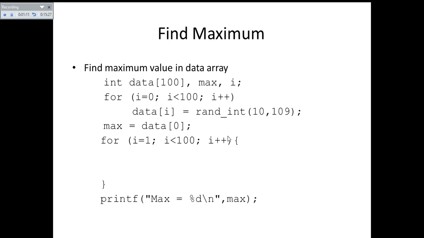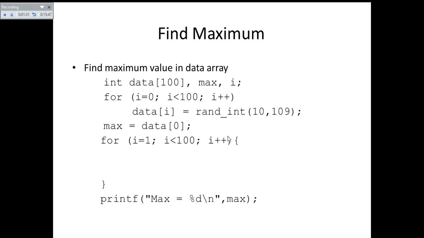So at first, before you implement the logic, you assign max with data of 0. The very first value may or may not be the maximum value, but you store the starting value of your data array in the variable max.